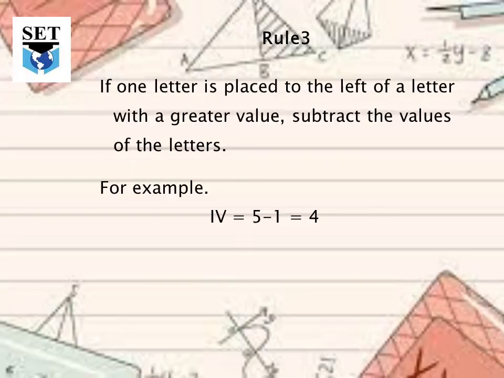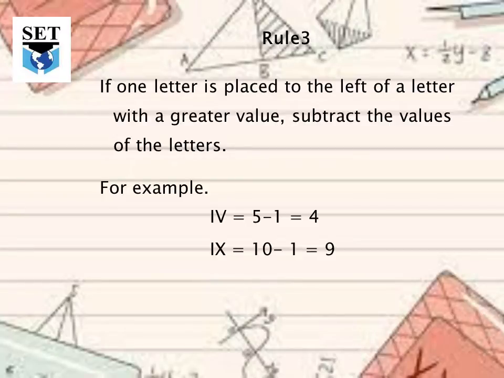So this I, which is placed before V, means this I is subtracted from V. The value of V is 5 and the value of I is 1. So 5 minus 1 equals 4.